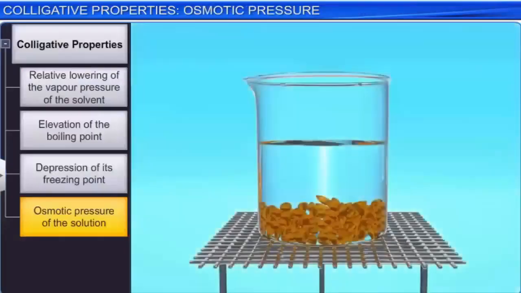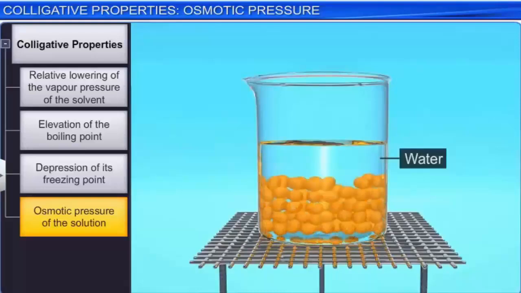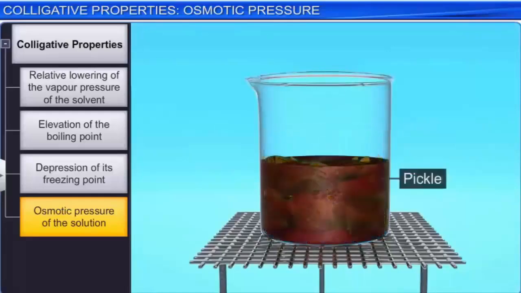Observe these processes carefully. Place some dried fruits and vegetables in water. They slowly swell up and return to their original form. When a raw mango is placed in concentrated salt solution, it loses water and shrivels into a pickle.